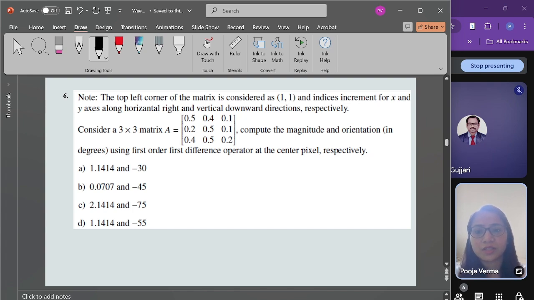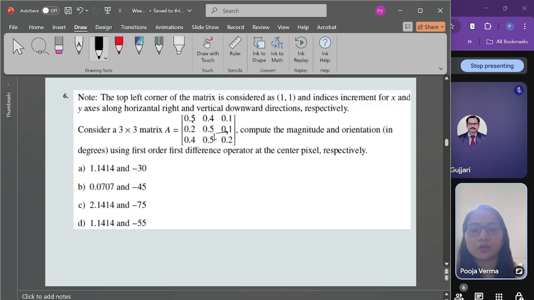The question: the top left corner of the matrix is considered as (1,1), that is this one, and the increments for the x and y axes are along the horizontal right and vertical downward directions respectively.